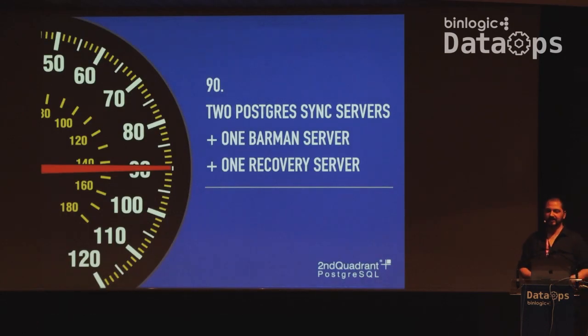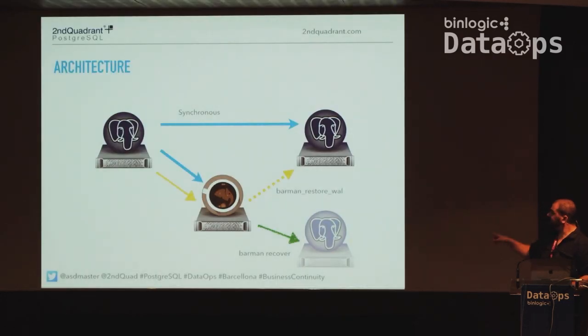We can do even better, adding into the equation synchronous streaming. This is the very same architecture that we were using before, but here the communication between the master and the standby, and even master and Barman, is synchronous.